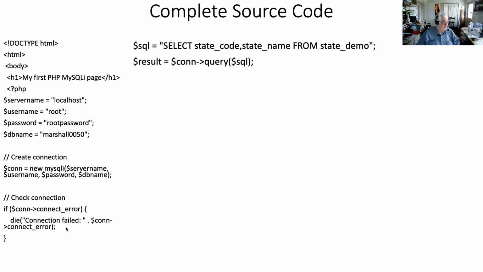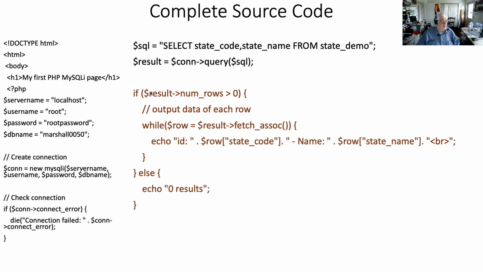I did it wrapped around this way just to be able to read the screen. I'm setting up a variable SQL, and it's equal to select state code, comma, state name from state demo. Note the semicolon. And result equals the connection, firing the query with that string.